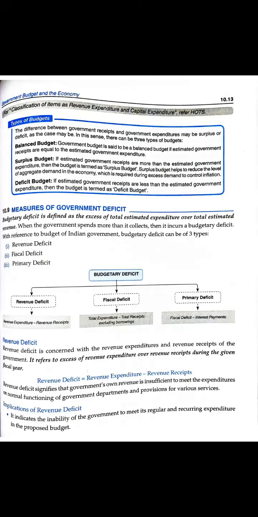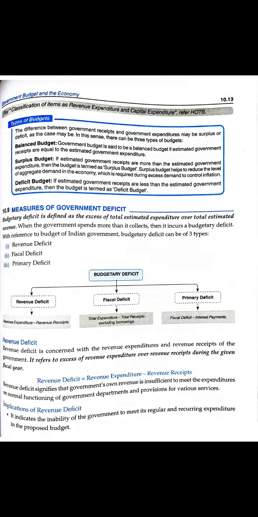Often the Tamil Nadu State Transport Corporation will say revenue deficit. That means the revenue they are getting through their bus service is less than the expenditure. So they will say revenue deficit. That is an example.